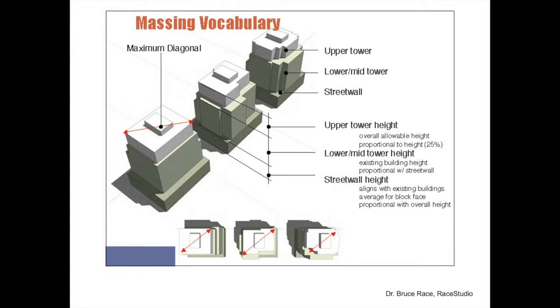Massing vocabulary, we do tend to build this ziggurat or the stacked block kind of look is pretty common. Okay, this comes all the way back to the New York City Building Code of 1909, which legislated that you will step back a building as it goes up to allow more daylight penetration to the street. Otherwise, you get a canyon effect and everything is cold and everything is wet and everything is dark all the time.